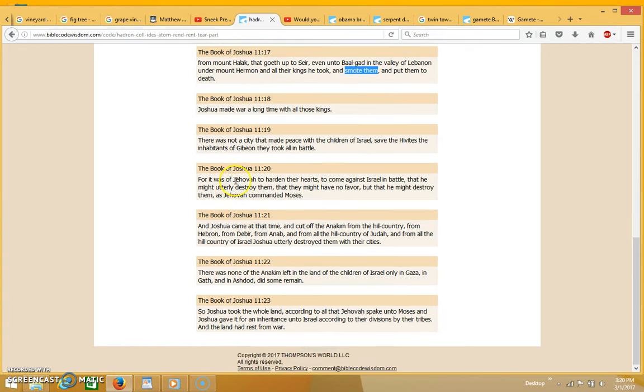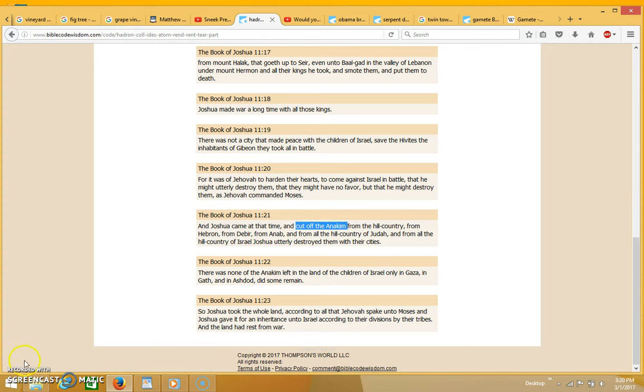For it was of Jehovah to harden their hearts to come against Israel in battle, that he might utterly destroy them, that they might have no favor, but that he might destroy them, as Jehovah commanded Moses. And Joshua came at that time and cut off the Anakim."